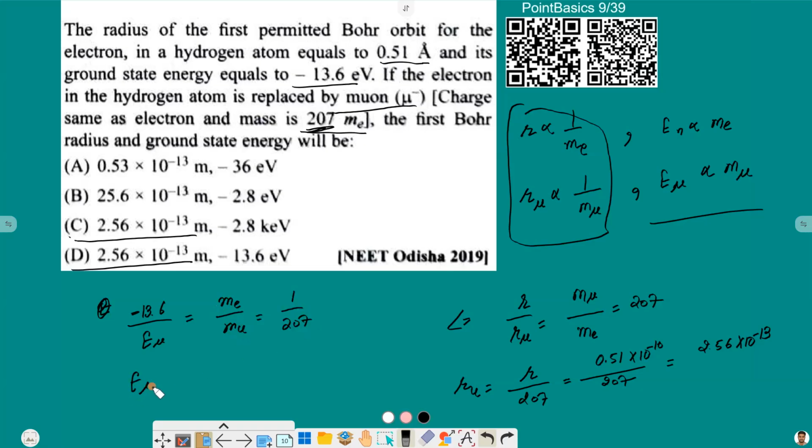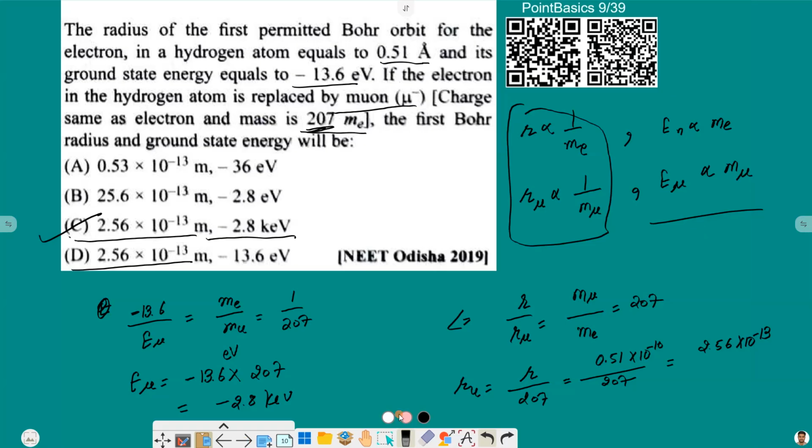So from this, energy of the muonic atom will be minus 13.6 into 207. When we solve this, we will get negative 2.8, and this is in electron volt, and our answer will be in kilo electron volt, 2.8 keV. So that is given in option C. So option C is the right answer here.